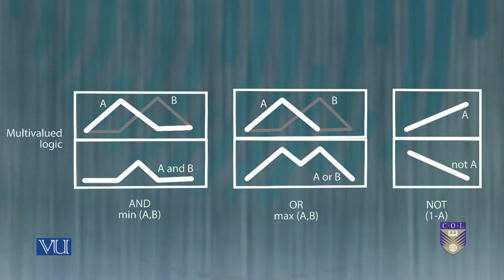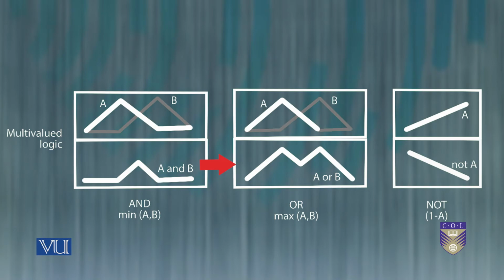Looking at the next one, the OR, this means the maximum of these two. So in the second row, you see the same two triangular functions, A and B. If I take the max of these two combined together, I come up with a slightly distorted shape of an M. So as long as something is greater than the other, that prevails.